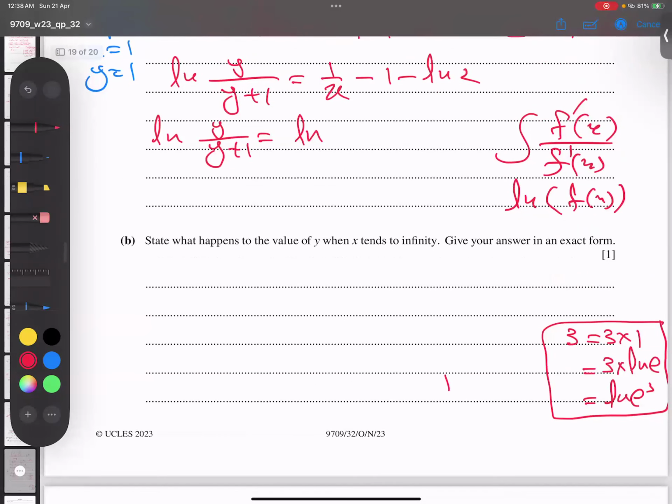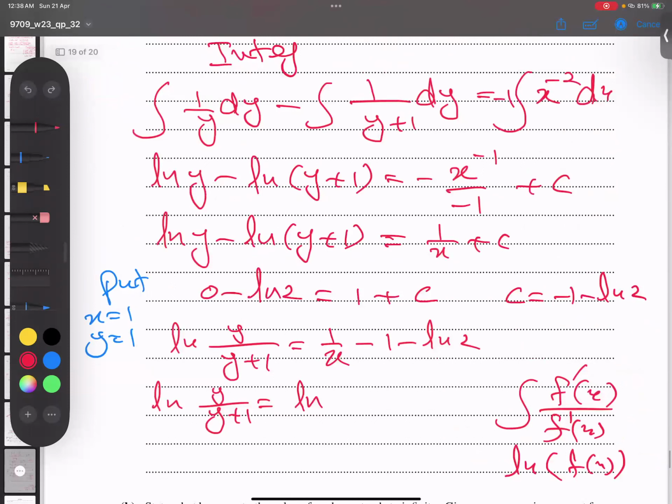For example, k is ln e to power k, 5 is ln e to power 5. Same story here. Not a big issue, but I can write ln e to power 1 by x. But this ln e, you know already. So I got all logarithm here.